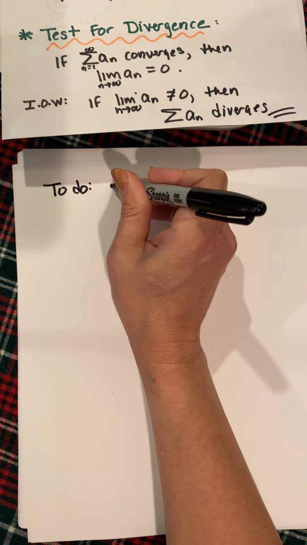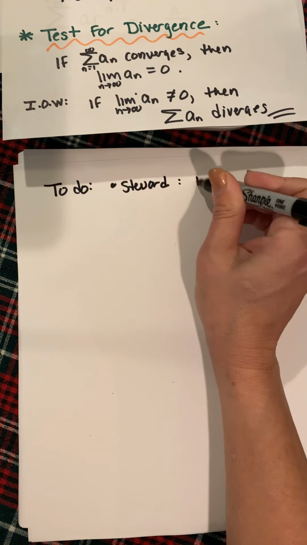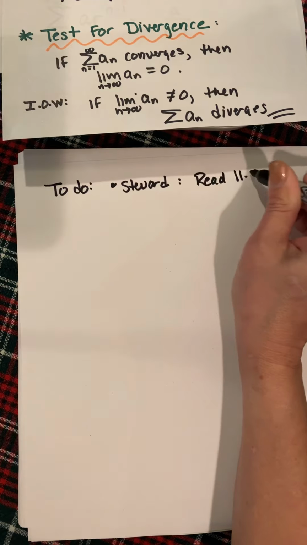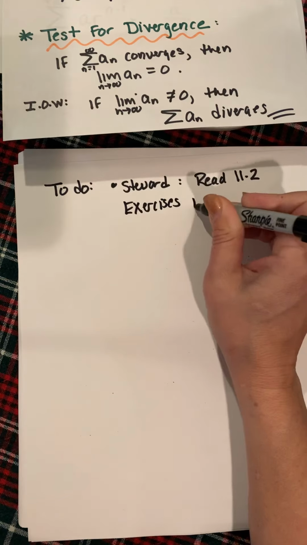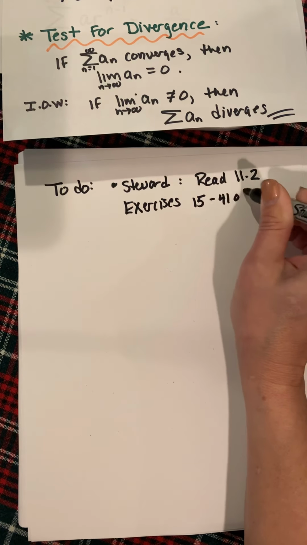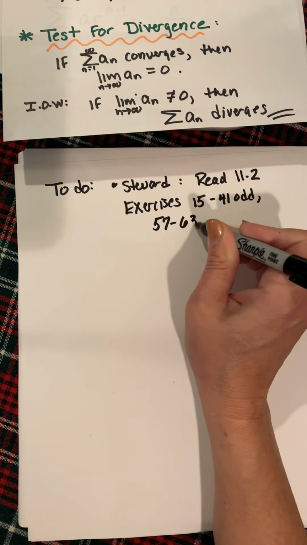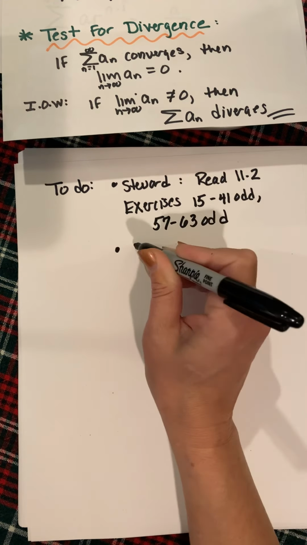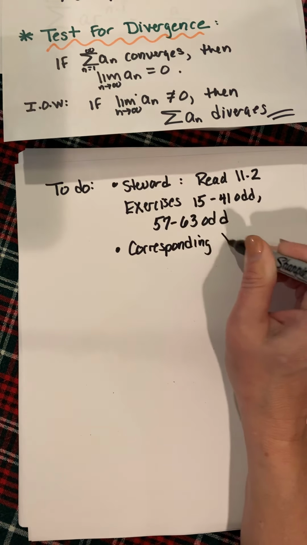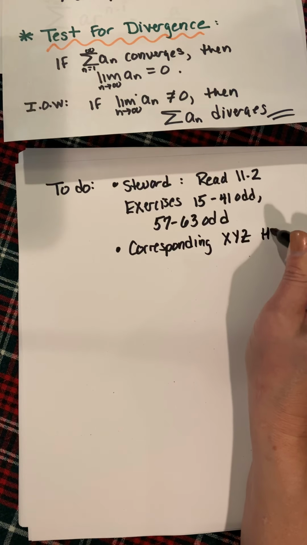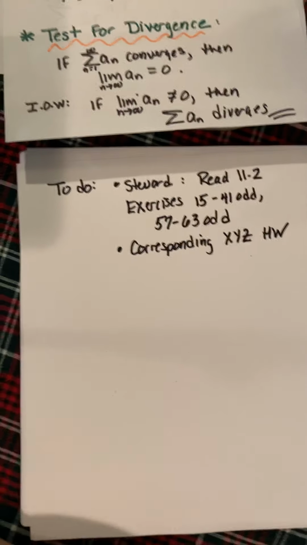To do in Stewart, read 11.2, exercises 15 to 41 odd. I know this is a lot. You can do every other odd, but these are all good problems. 57 to 63 odd. Corresponding X, Y, Z homework. I forget what section that was.